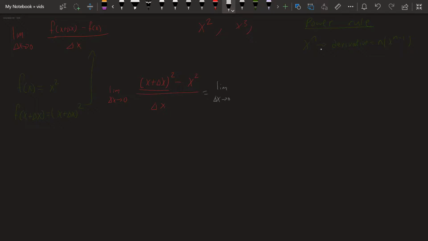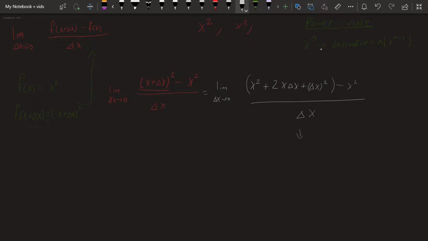Well, x plus delta x all squared is equal to x squared plus 2x delta x, right? Plus delta x squared. And all of this is minus x squared over delta x, right?